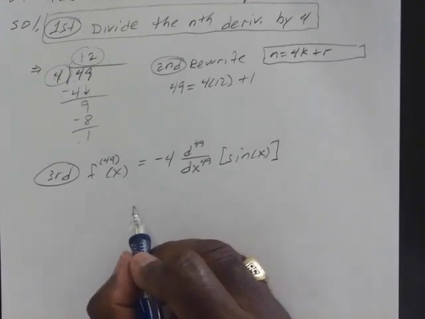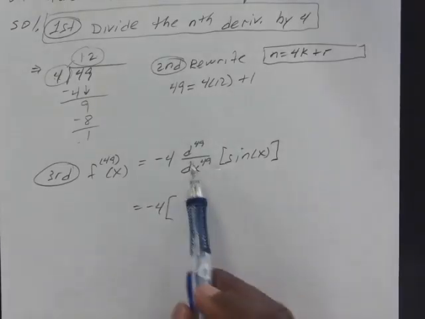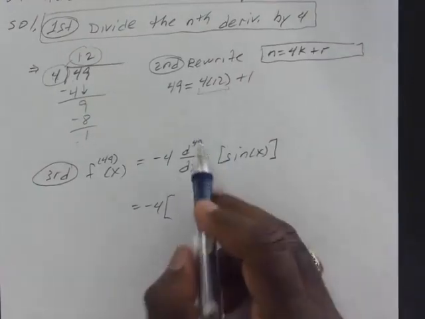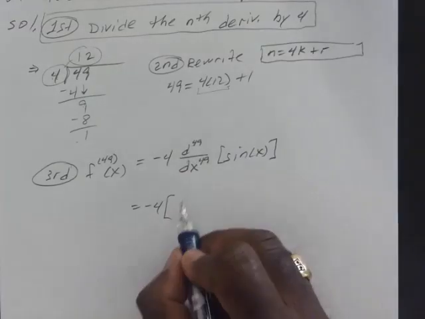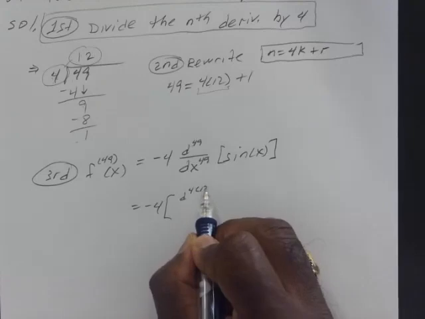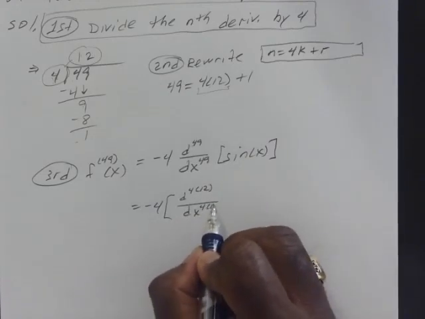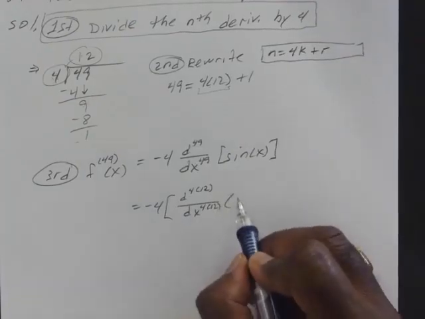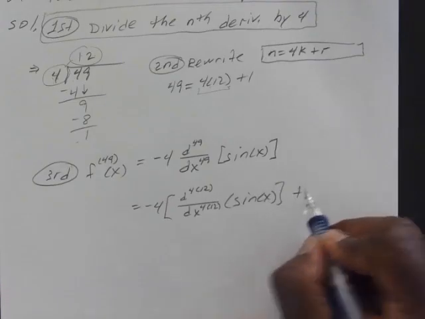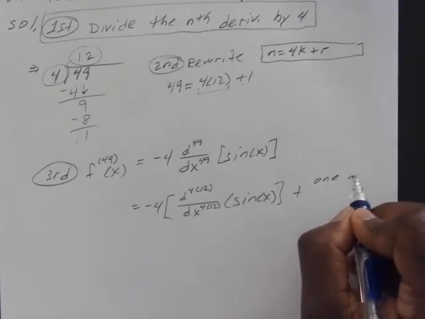Okay, so we're going to rewrite that as -4 times, now the 49th derivative, that's the 4 times 12 derivative. Or you can just say 48, but I'll put 4 times 12. Plus, the remainder is 1, so that's plus 1 more derivative.